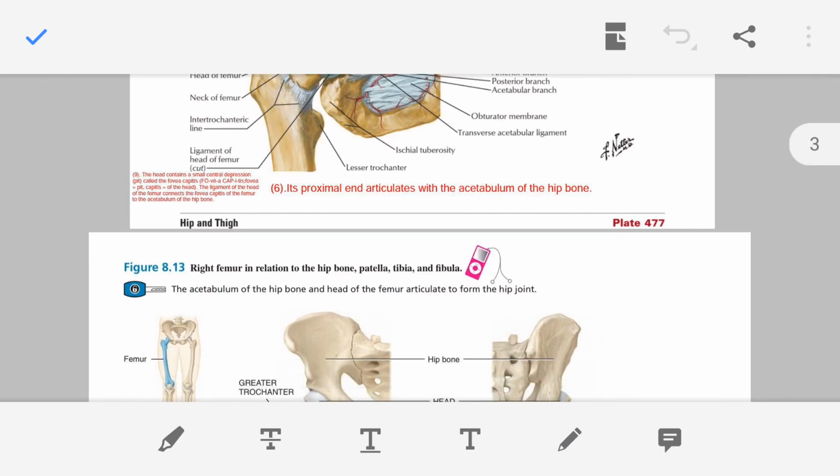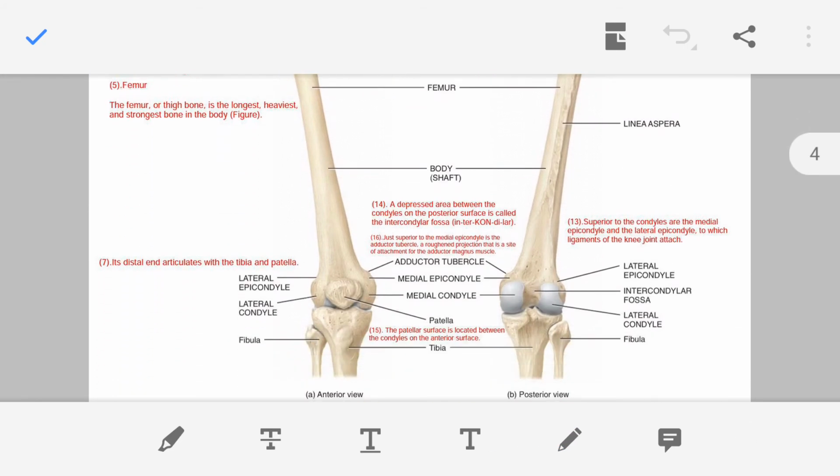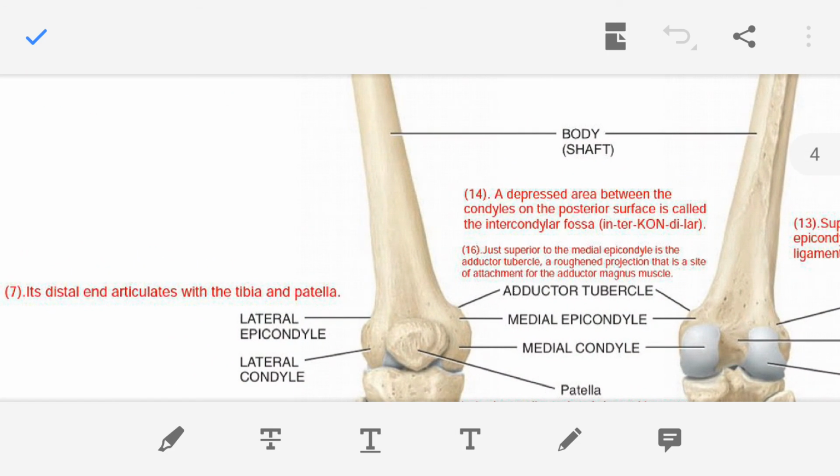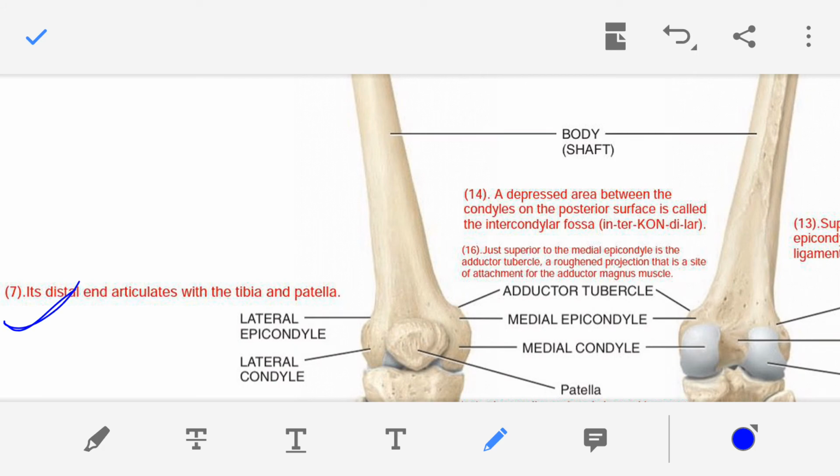Now moving on to the seventh point of our discussion. Now the distal end. For example, this one is the femur, and this is the distal end. The blue line that I am drawing is the distal end of the femur, and as you can see, it is articulating with the tibia and tella.